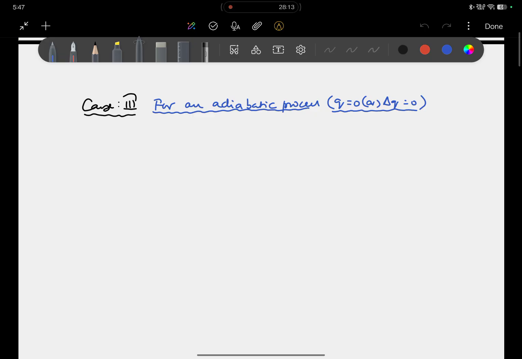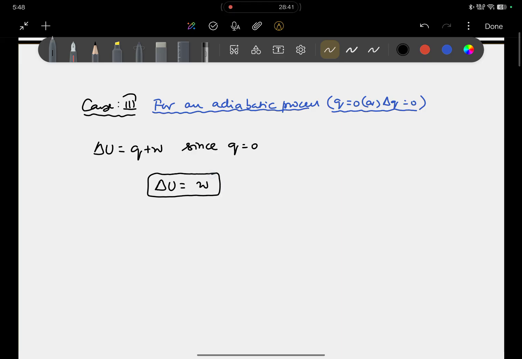There is no exchange of heat, or the change in heat will be very less, so we didn't consider that. So according to the first law of thermodynamics, delta U is equal to Q plus W. Since Q is equal to 0, delta U is equal to W.